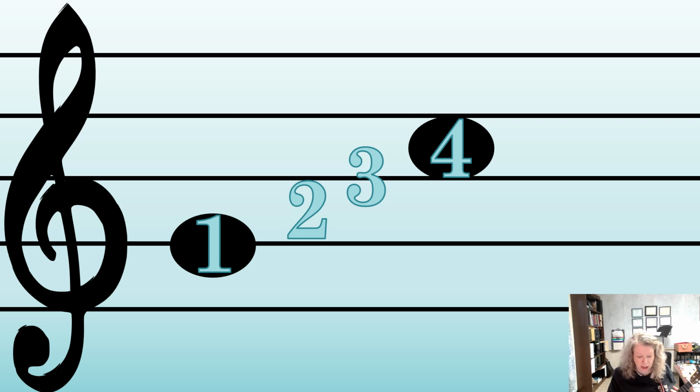From second line G to third space C is the interval of a fourth, specifically a perfect fourth. We're going from G, A, B, C, from G to C. Perfect fourth, G, C, perfect fourth.